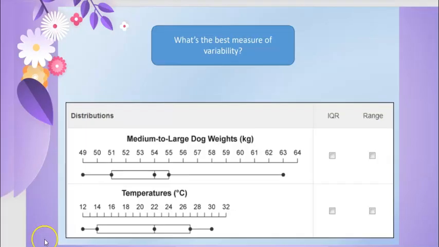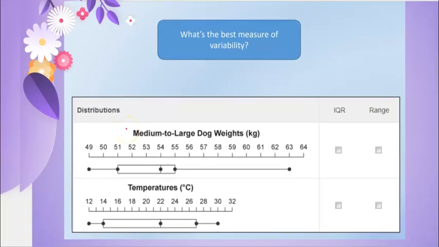Then I want you to look at number 2, where it says temperatures. Look at the box and whisker plot. Which one of the measures of variability would be better for number 2, the temperature range? Would it be the interquartile range or the range? Just the range of the data.